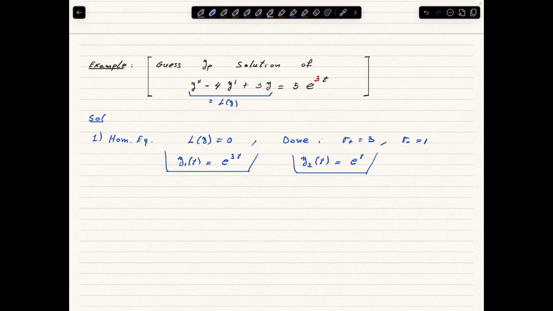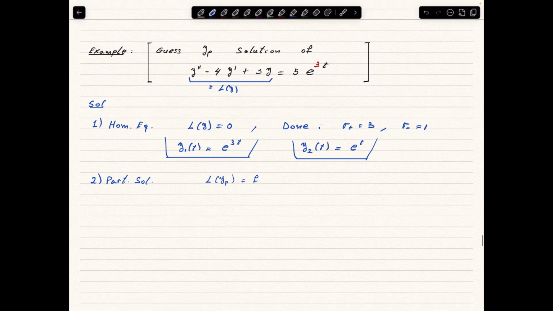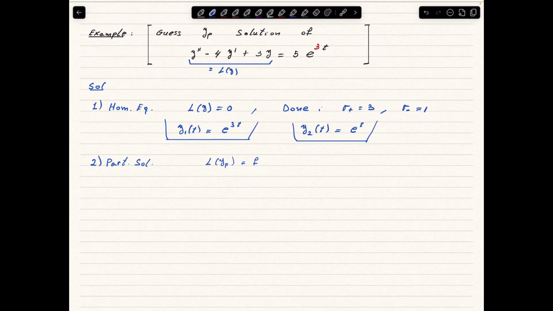Okay, so now let's guess the particular solution. We have an equation of the form L of y particular equals f, very similar to the equation we had before: y particular double prime minus 4 y particular prime plus 3 y particular, and now it is equal to 5 exponential 3t.